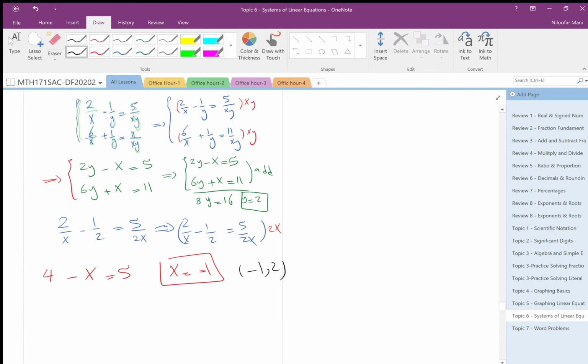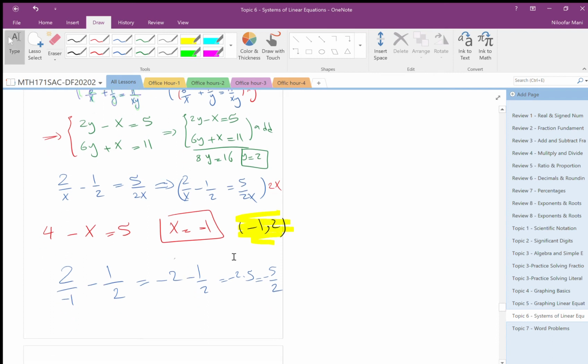So the answer is minus 1 and 2. That's my answer. Now I can check both of them. 2 over minus 1, minus 1 over 2, is minus 2 minus 1 over 2, so that's minus 2.5, which is minus 5 over 2.